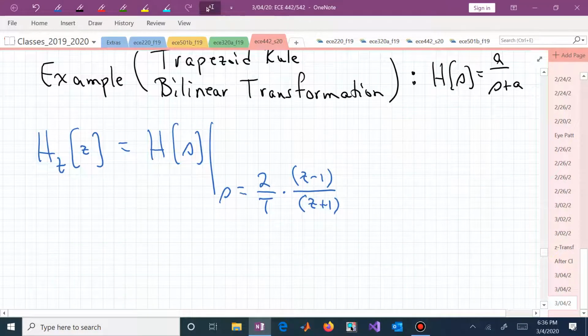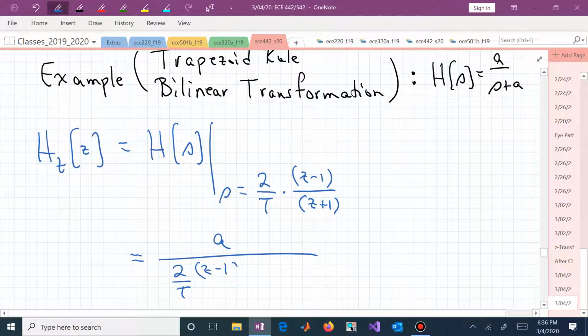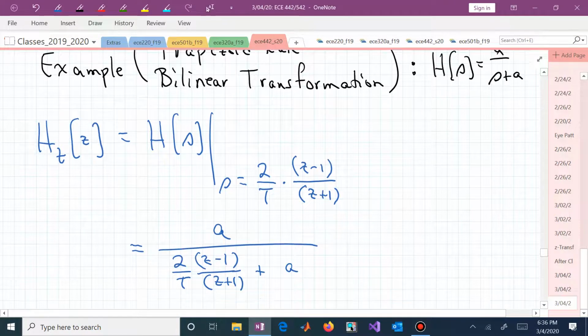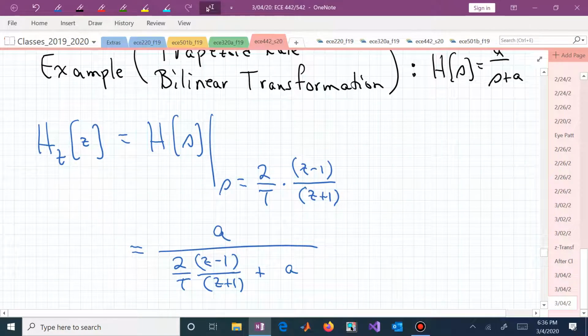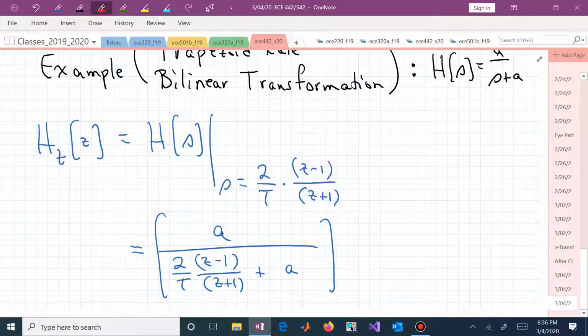That now says that we have a mess. No, it's okay. We have a over 2 over T z minus 1 over z plus 1, that's getting rid of s plus a. Can we clean that up? Of course we can. We know how to multiply by 1.